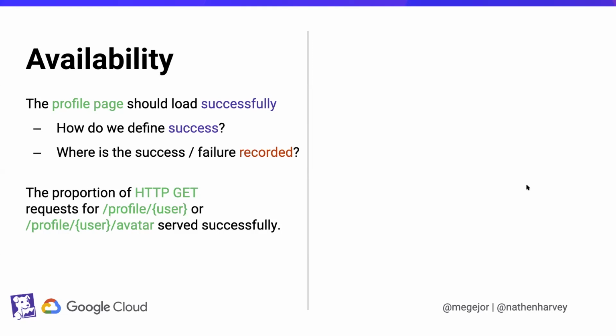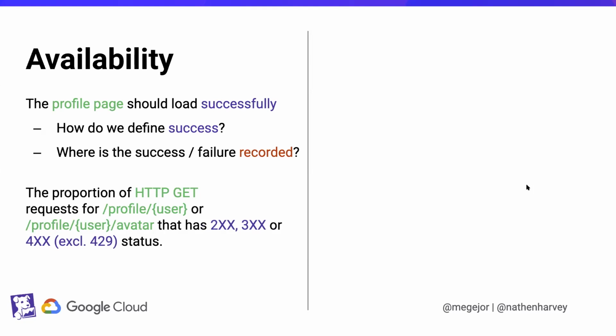So can we load the profile page? And then maybe on this profile page, we have an image that is the avatar for this particular user. So let's look at the proportion of GET requests where the profile page and the avatar URL are both served successfully. But we also have to figure out what exactly it means to be successful. So let's refine this just a little bit further here.